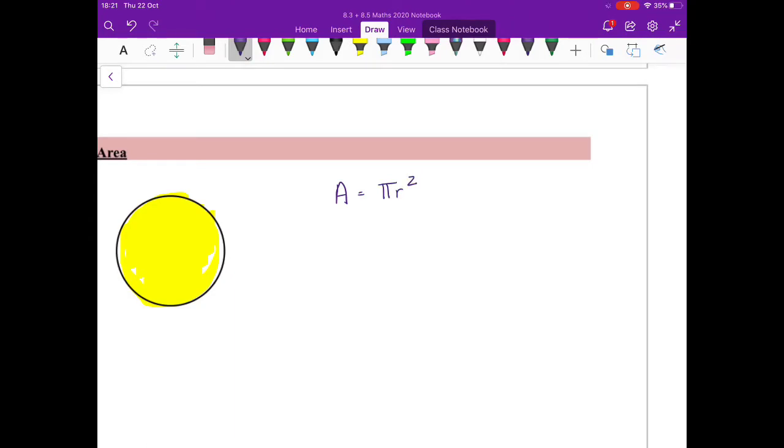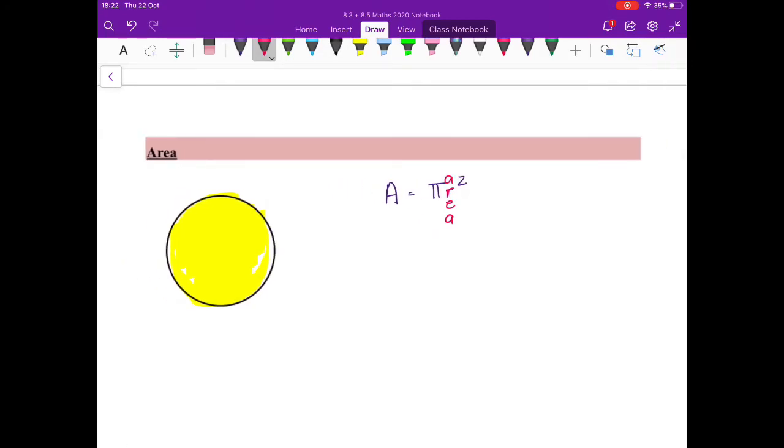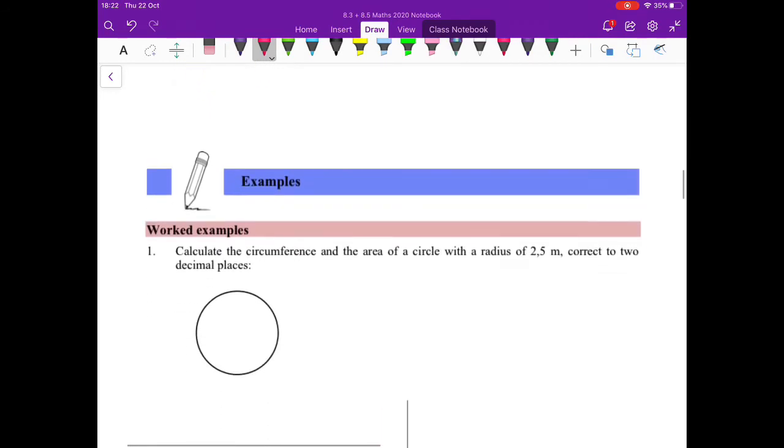A way to remember it is if you say pi r squared, area. So those are the two formulae I like to use when I'm working with circles. So whenever you see a circle, before you even look at the problem, you are going to say, I know that I have two formulae, pi d and pi r squared. And remember, pi r squared is for area.